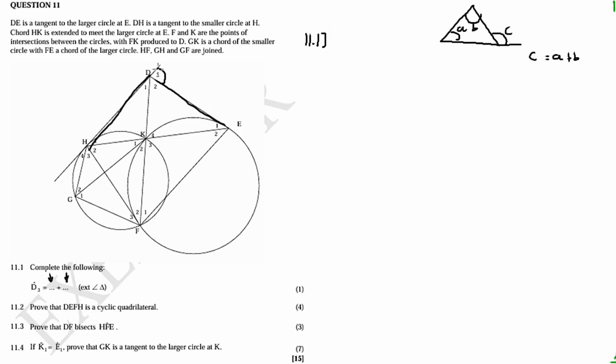But we exterior angle for which triangle? This one here, this one right here. Remember? This angle H1, come on. H1, no E1.